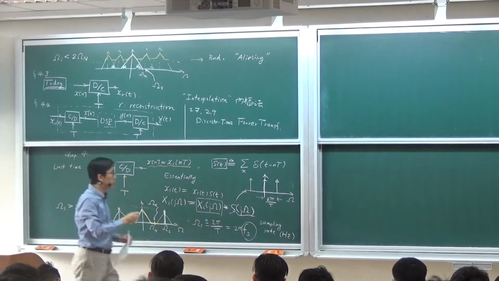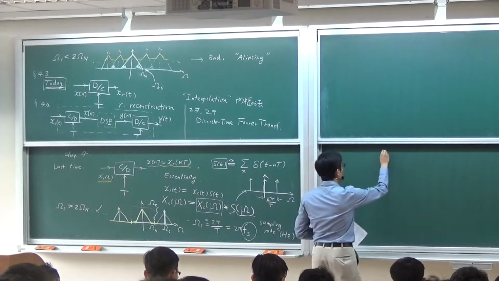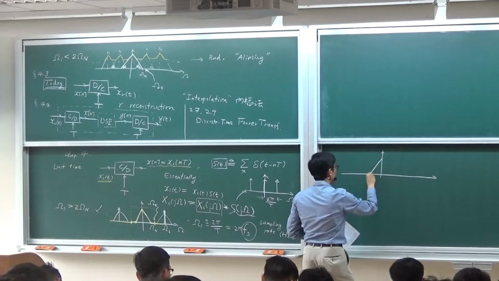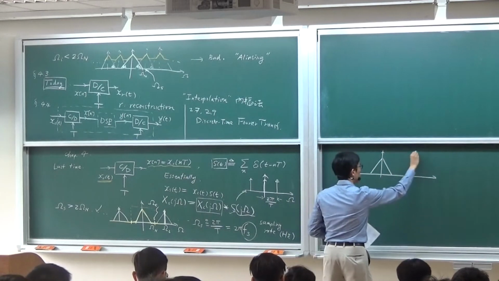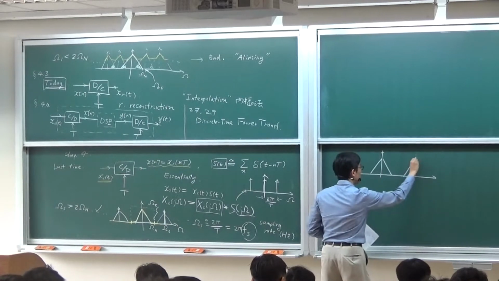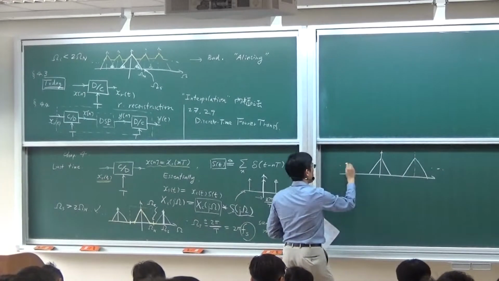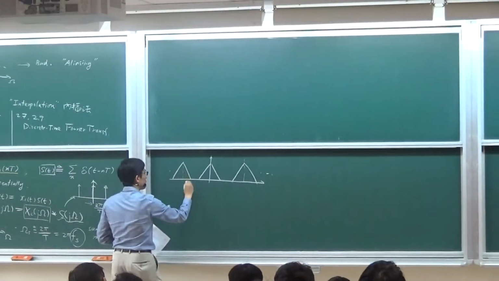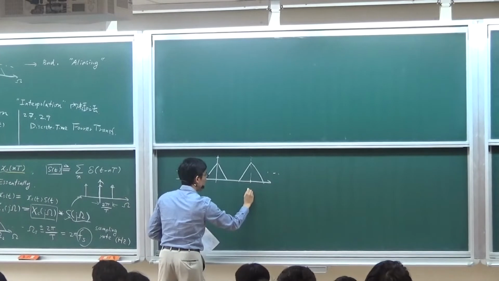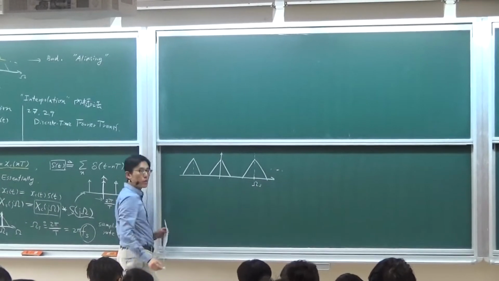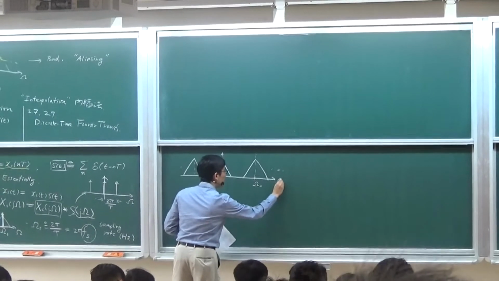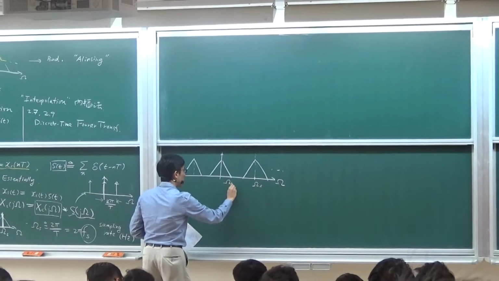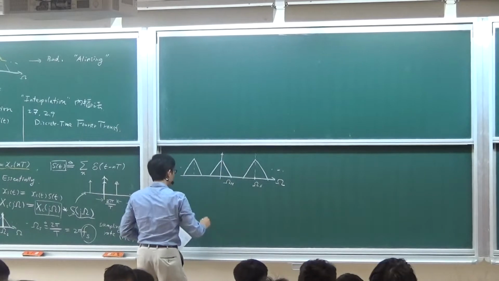So let me just redraw this part here. This is the spectrum after sampling, and so on. This frequency is the sampling rate, actually we'll call that 2 pi over T. And this is our highest frequency in the signal.